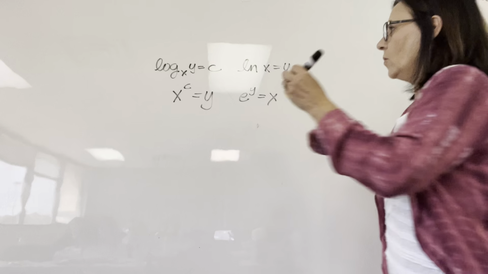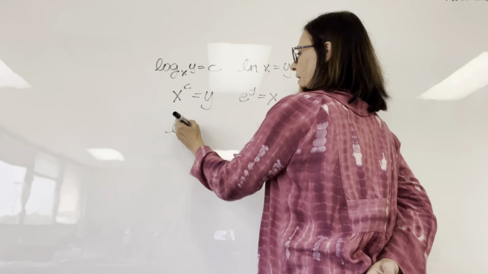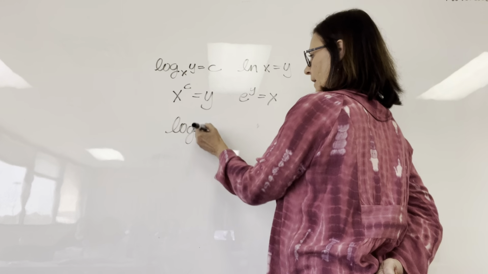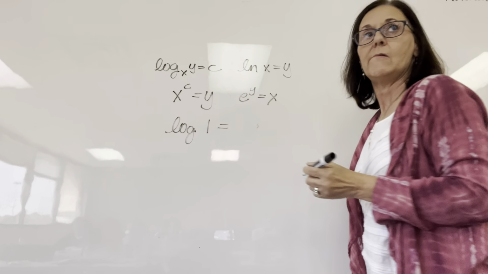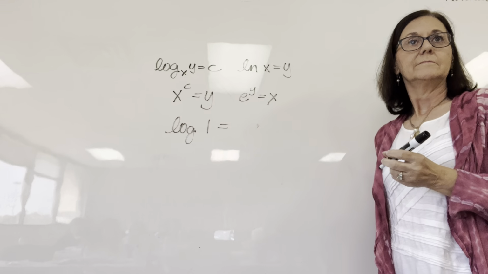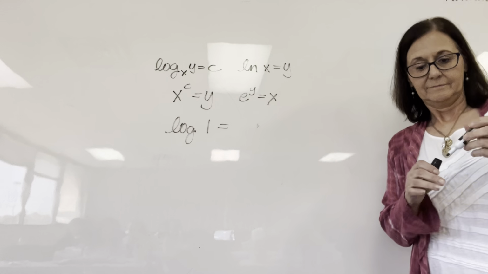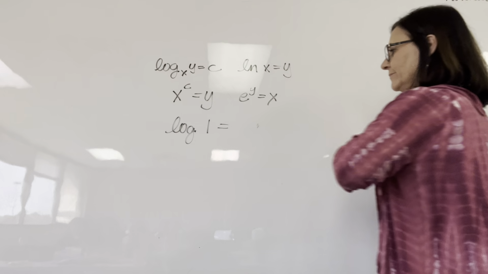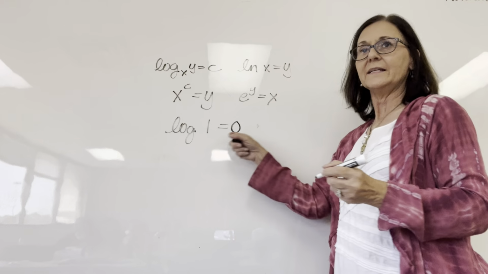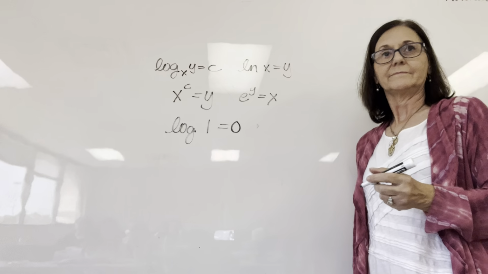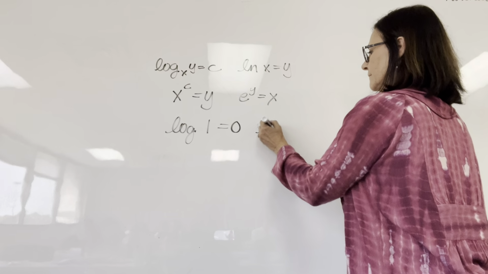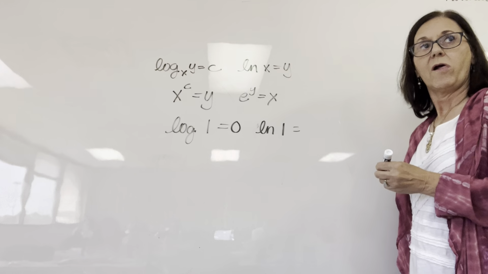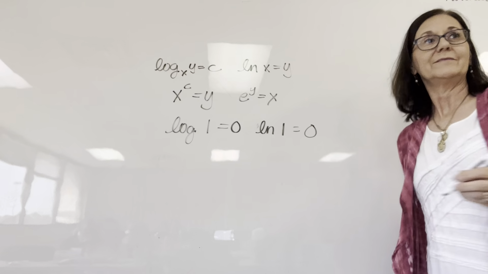All right, so when we're talking about logs, what's the log of 1 equal? Zero, because 10 to the 0 power is 1. What's the ln of 1? 0 as well.